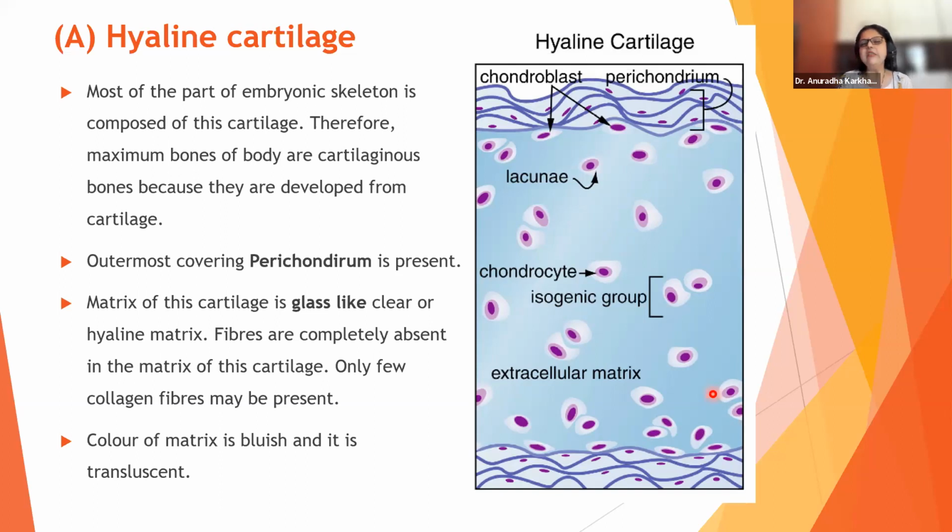It's not transparent, but it is translucent. It's not opaque as well. Some visibility is there. Is it fine? This is your hyaline cartilage. Understood what is hyaline cartilage? How does it look like? And it is going to be present in the embryonic form maximal. Understood?